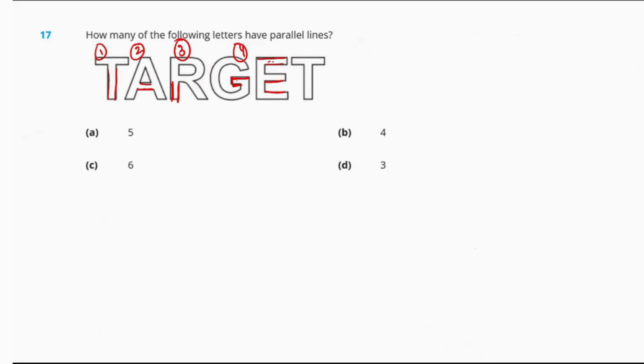So there are parallel lines in two ways: these inner and outer lines are parallel, and the outer line for this one and the outer line for this one are also parallel, right? So this is how E also has parallel lines. We will also consider this. And now T is repeated again, so we will count it again. This will be a total of 6. So all 6 letters have parallel lines in them. The right answer to the question will be option C.